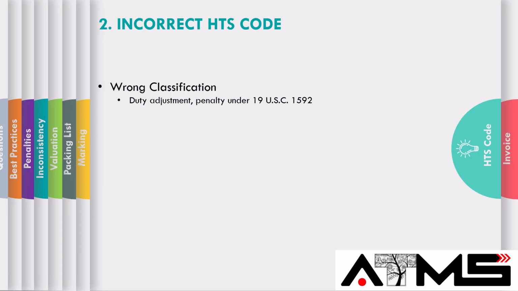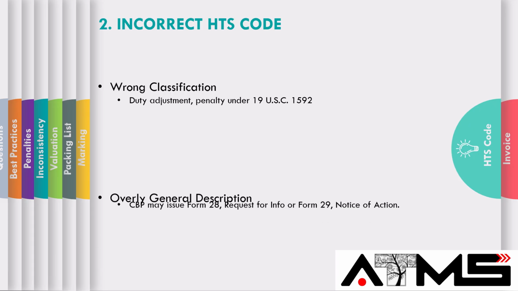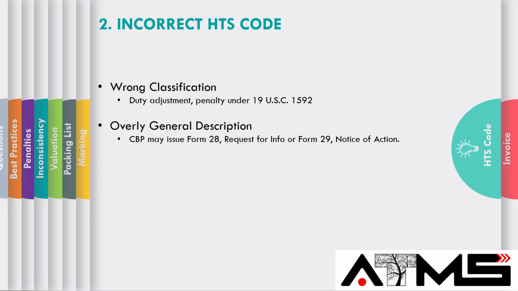An incorrect classification directly affects the duty rate, which can result in monetary penalties. Using a vague product description, for example, declaring a hydraulic pump assembly simply as machine part, can trigger reclassification or issuance of CBP Form 29 Notice of Action.